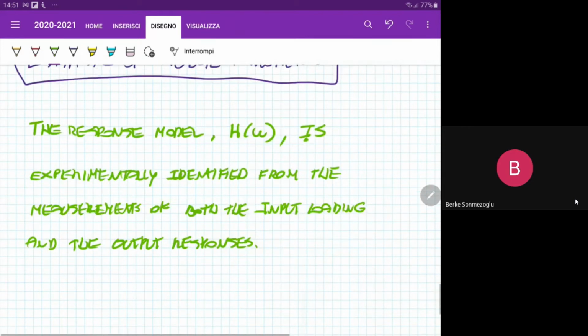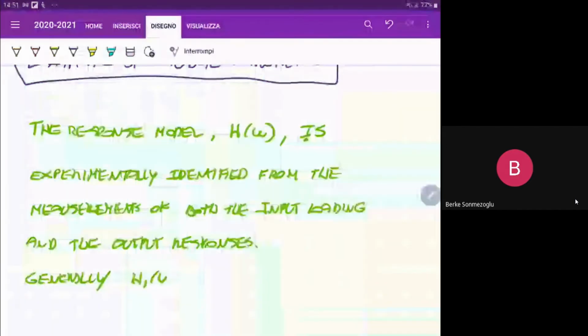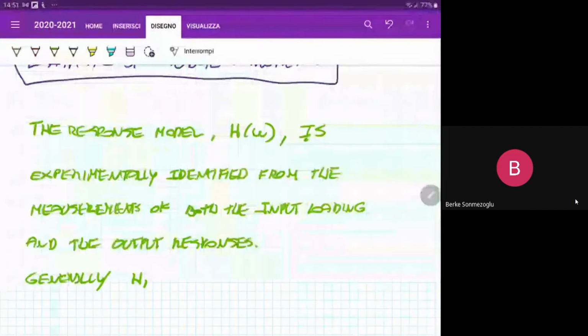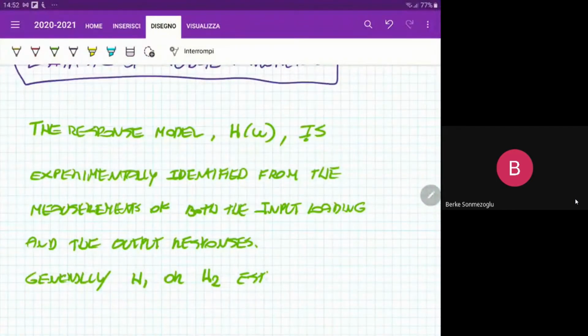Okay, and that is your starting point. And generally H1 or H2 estimators are used.